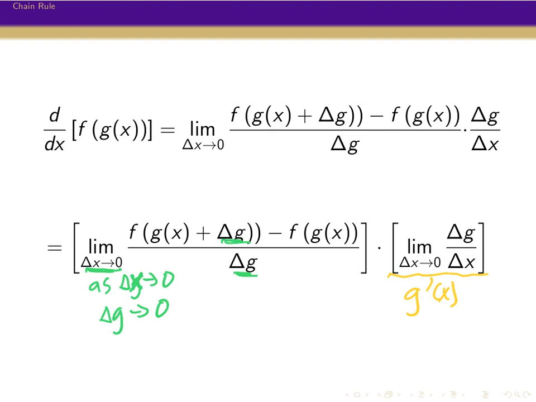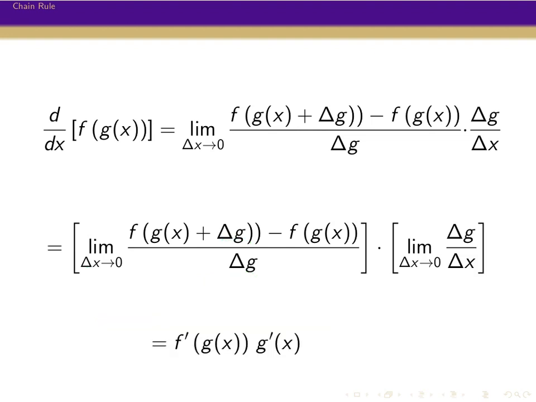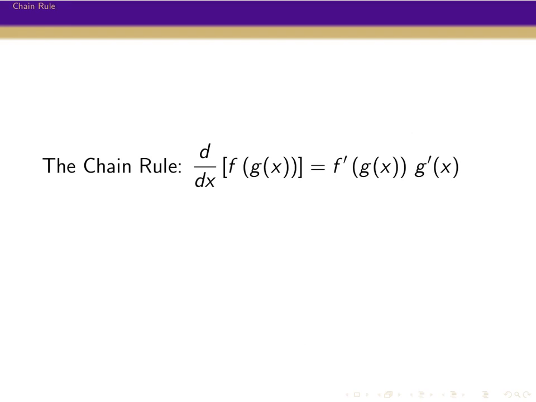And so we really can think about this as being the derivative with g plugged in instead of just x. And so this whole bit right here turns into the derivative of f with g plugged in. So that's where we're getting our f prime of g times g prime of x.